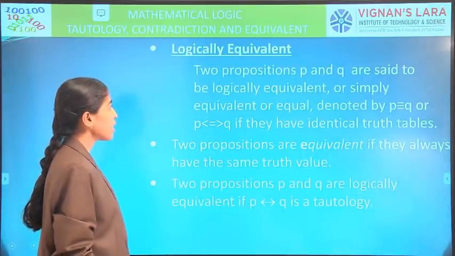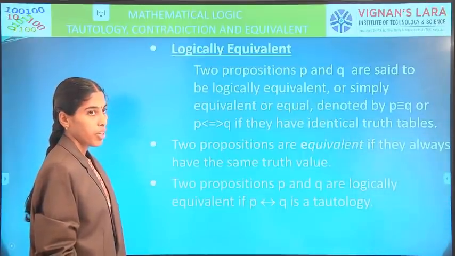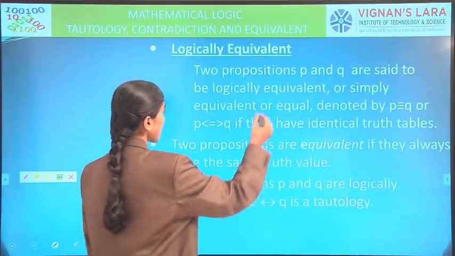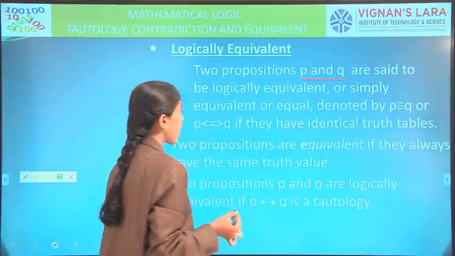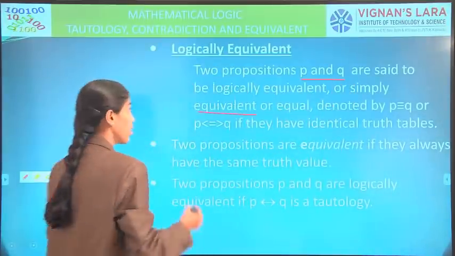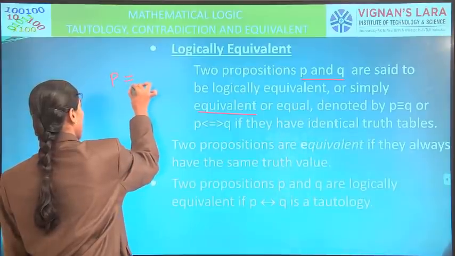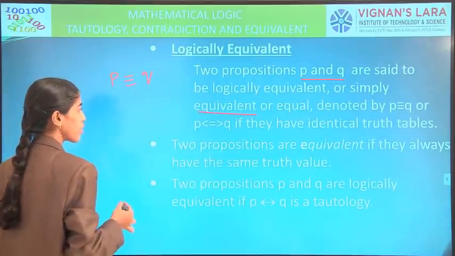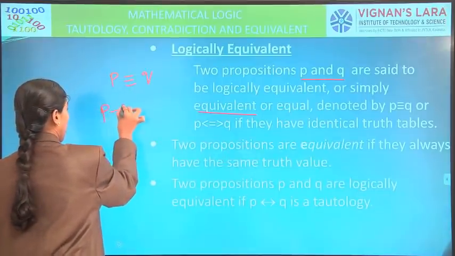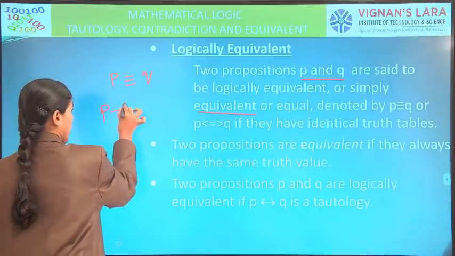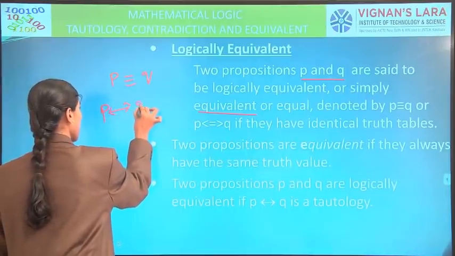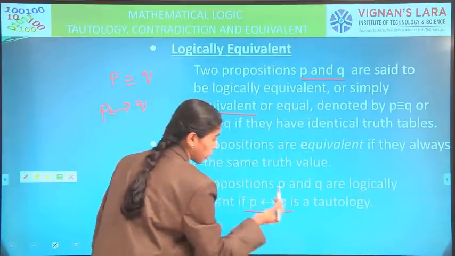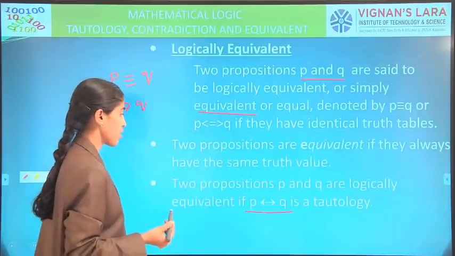Next, logically equivalent. Two propositions P and Q are said to be logically equivalent, or simply equivalent. It is denoted by P is equivalent to Q. To say that P is equivalent to Q, the biconditional P if and only if Q must be a tautology.